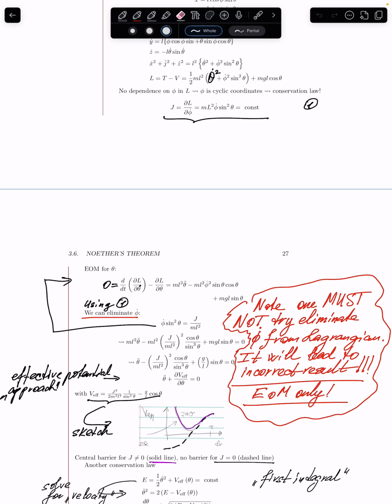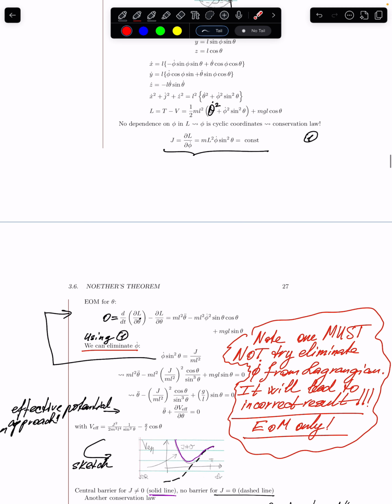This is just by analogy with what we did before. This, with a negative sign, when you put it on the right-hand side, will be just the force. So by analogy with what the force is, we can write this as some effective potential, and we will analyze it now.